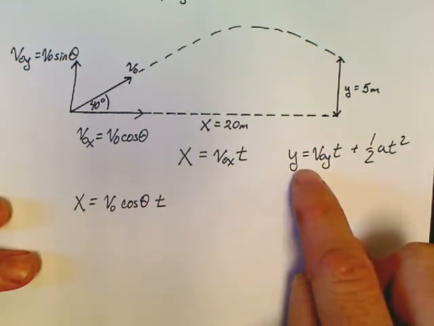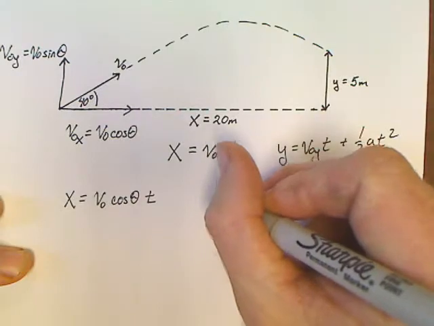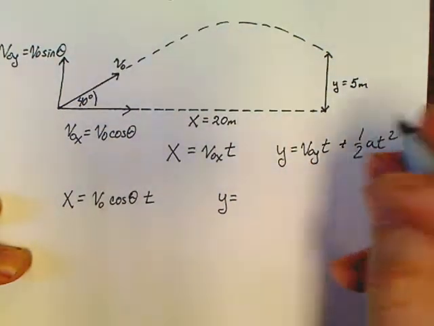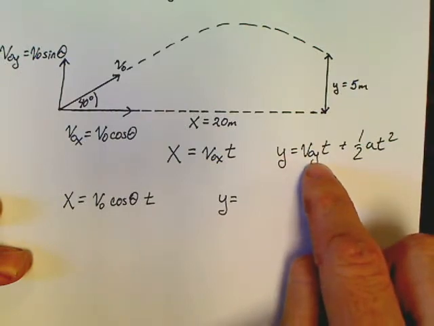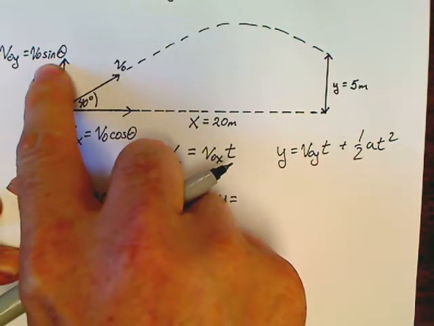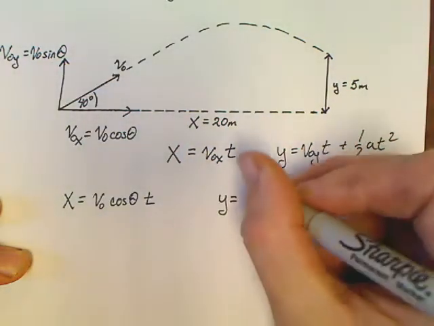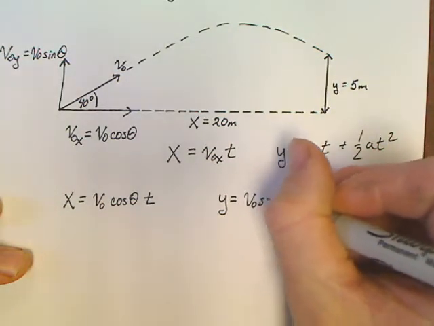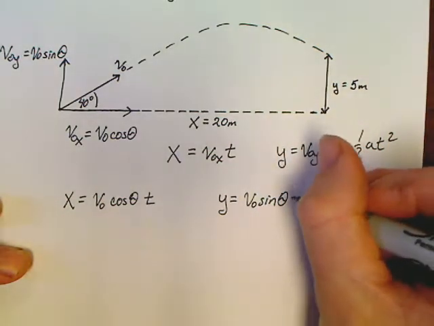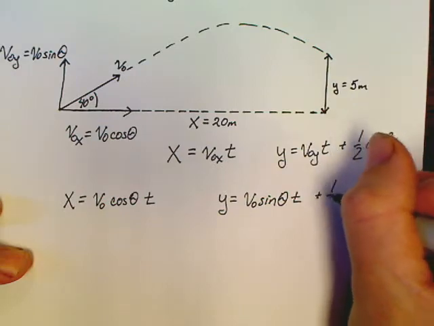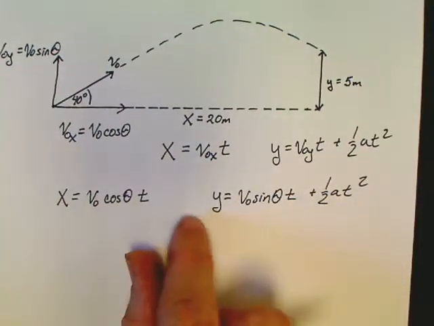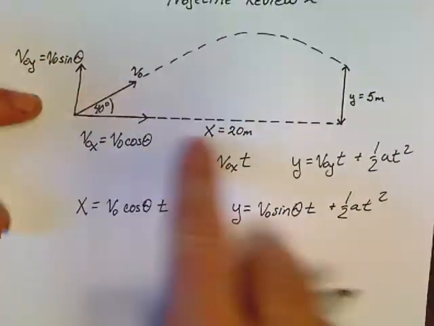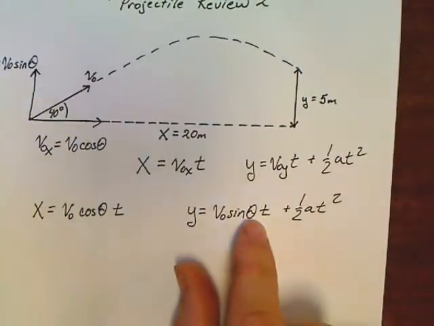Well, let's go over here now to the Y equation. Y is equal to VOY. Well, instead of VOY, what is VOY? It's VO sine theta. So I can substitute again, and into this spot write VO sine theta t plus 1/2 AT squared. Well, cool. So now I've taken 4 equations, and I'm down to 2 equations.